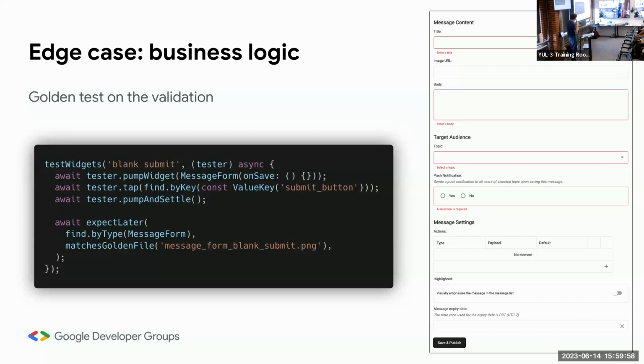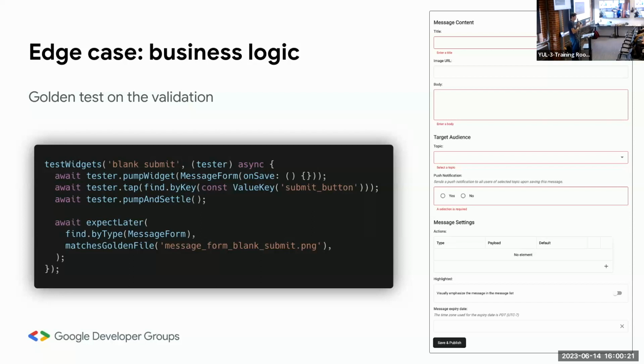So I went a little bit further, and on that push notification setting, if I click on yes and then click on publish, I want to display a warning saying, be careful, you are about to send a push notification for real to thousands of users. So don't say it's a test, because they will receive that on the device for real.